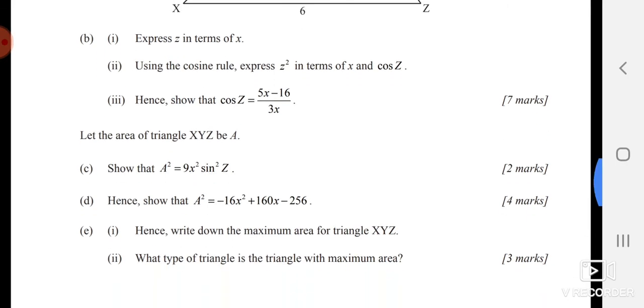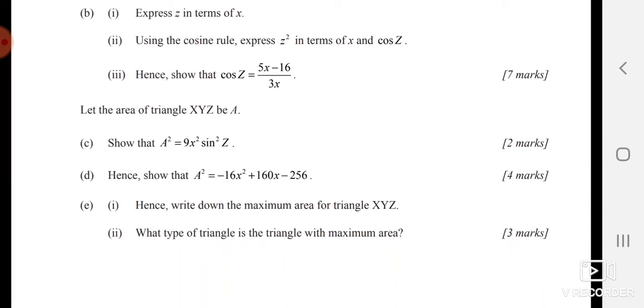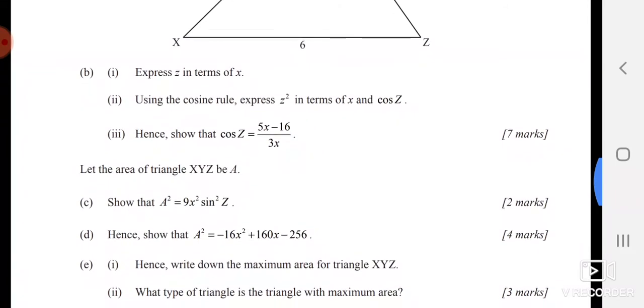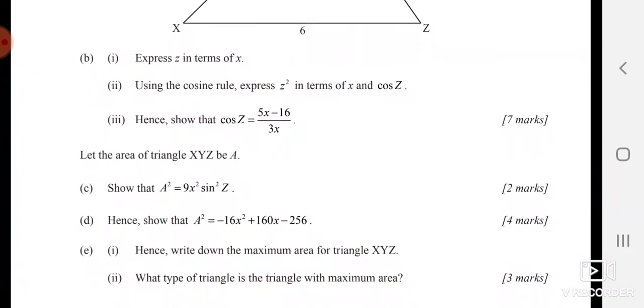Okay. Then, hence show that A is equal to this, and sine square z is equal to this, and hopefully you already have calculated cos square z. By plugging in the value, you will see that your final answer would be this. Hence write down the maximum area of the triangle.